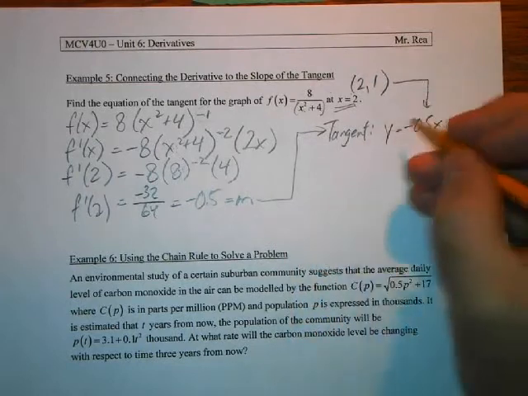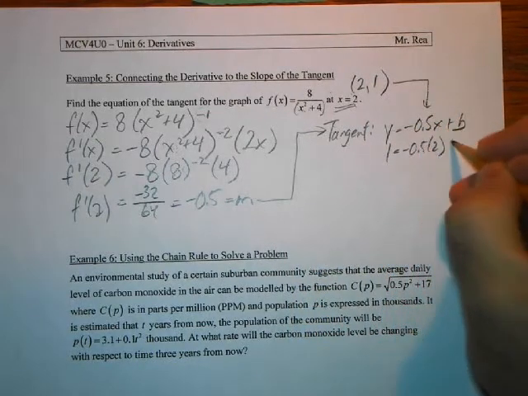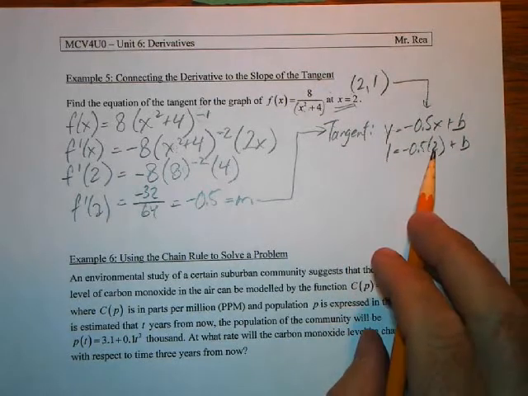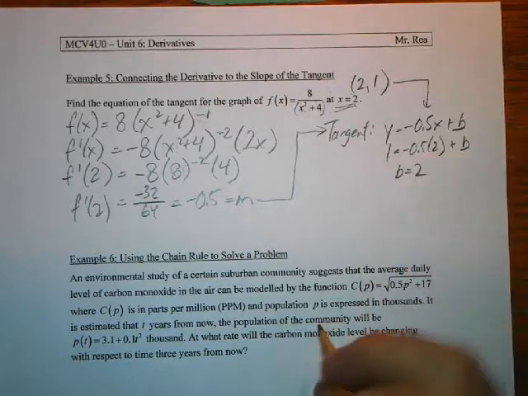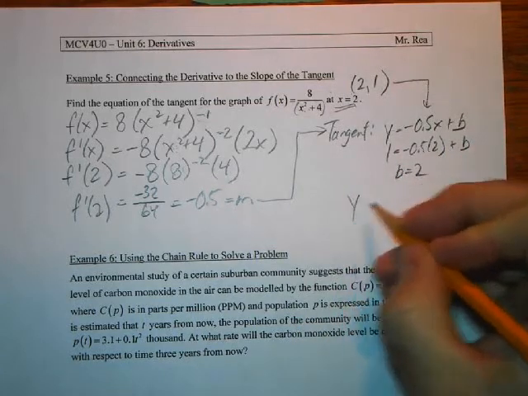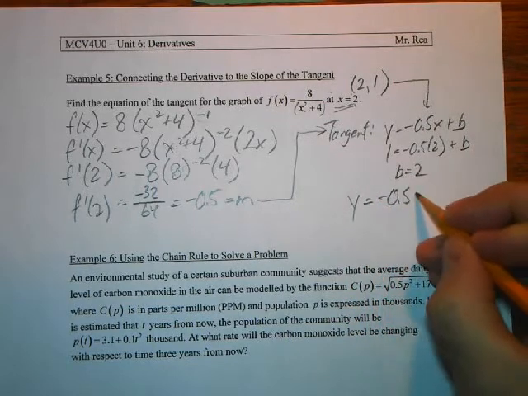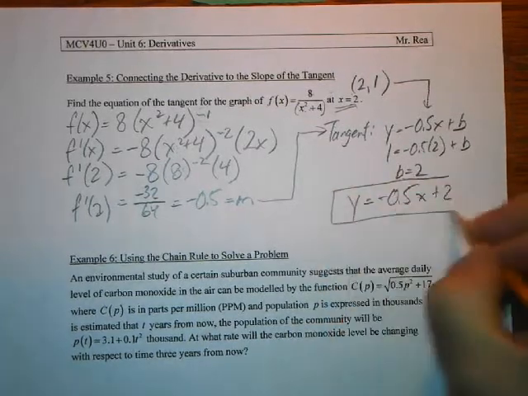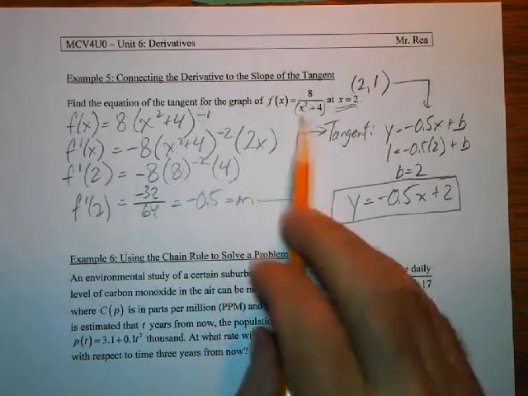So we've got 1 equals -0.5 times 2 plus b. -0.5 times 2, that's -1. Add 1 to both sides, we get b equals 2. And therefore the tangent's equation is y equals -0.5x plus 2. And that's what they were asking for, the equation of the tangent at that point for that graph.